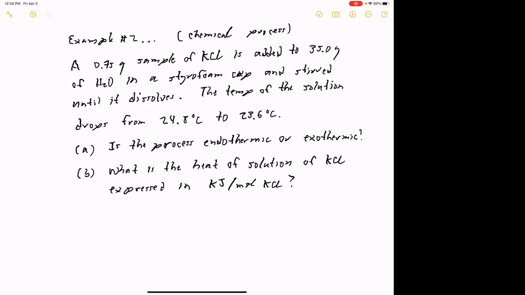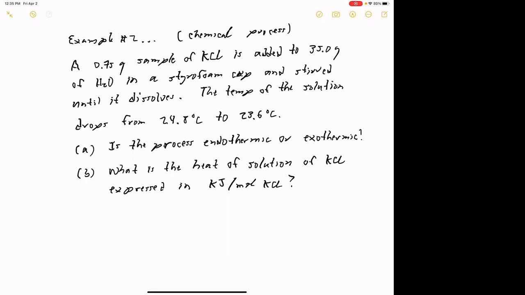I'm going to dump that into 35.0 grams of water, again in a coffee cup calorimeter, and I'm going to stir it up until it dissolves. So really what we're looking at here is the heat associated with the dissolution of a salt, or the solvation of a salt. Now, when the salt dissolves, the temperature of the solution drops from 24.8 degrees Celsius to 23.6 degrees Celsius.